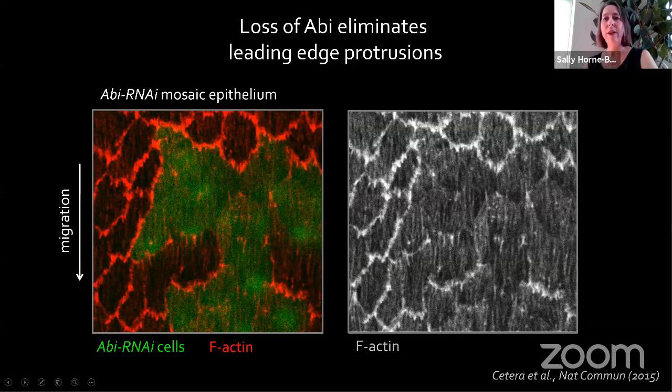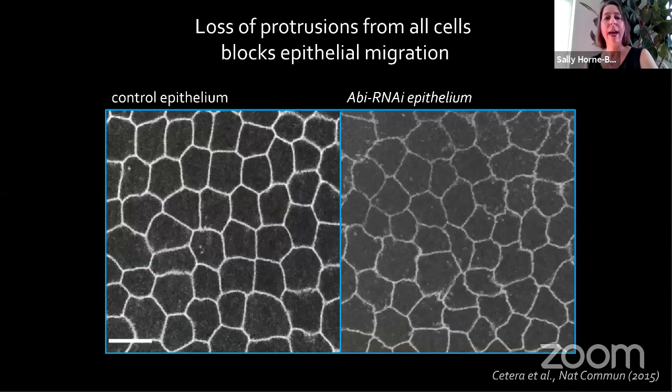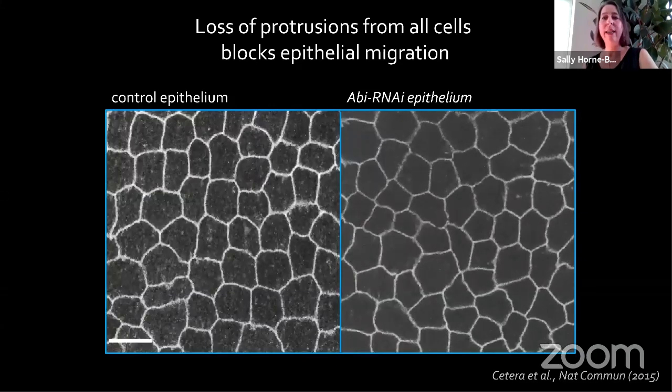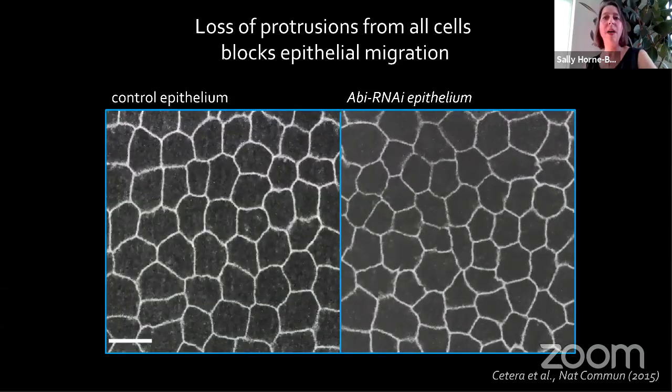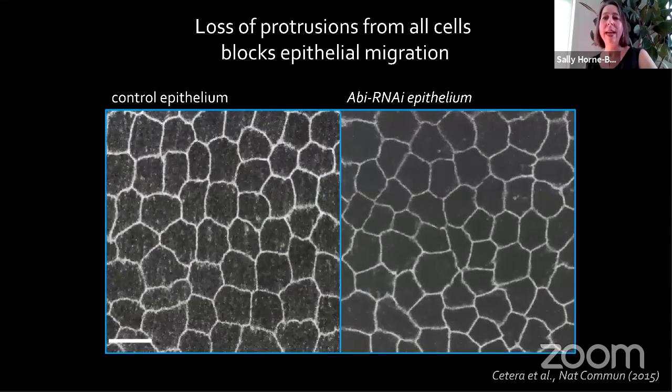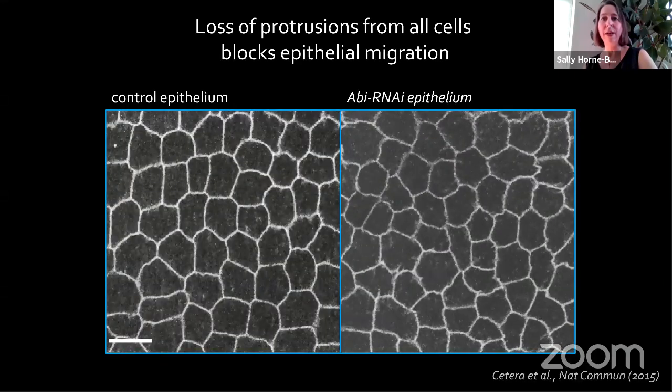So just to orient you to how to look at this tissue, this is a wild type cell with a bright white leading edge protrusion right next to an ABI RNAi cell that lacks these structures. Okay. And if we express that same RNAi transgene in the whole epithelium, we get rid of all the protrusions from all the cells, and we now block the ability of the tissue to migrate.